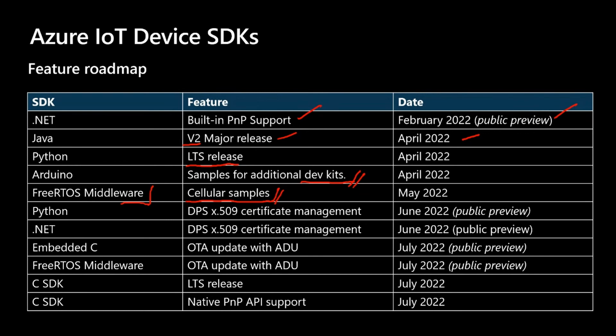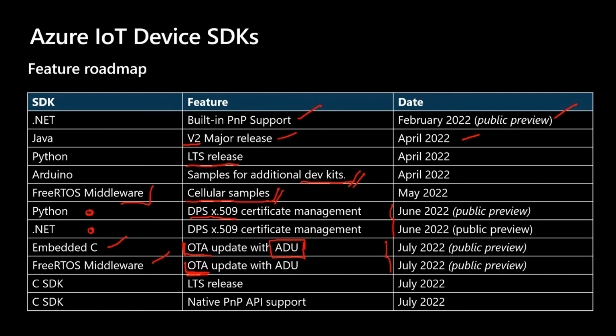And then comes June, we're going to be building in public preview DPS X509 cert management tools for both the Python and .NET SDKs. Then July 2022, also in public preview, we should have the over-the-air capabilities leveraging Azure Device Update for both embedded C and FreeRTOS middleware, which means that small devices will be able to have this over-the-air update capability natively from the SDKs.